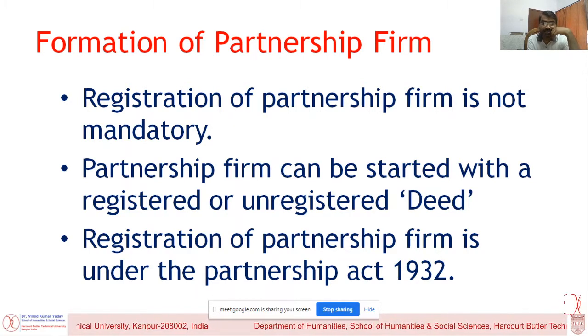And the registration of a partnership firm is as per the provision given in the Partnership Act 1932, where there is a registrar and there is a proper procedure for that. You make a partnership deed. You put all those conditions which are laid down in the Partnership Act.